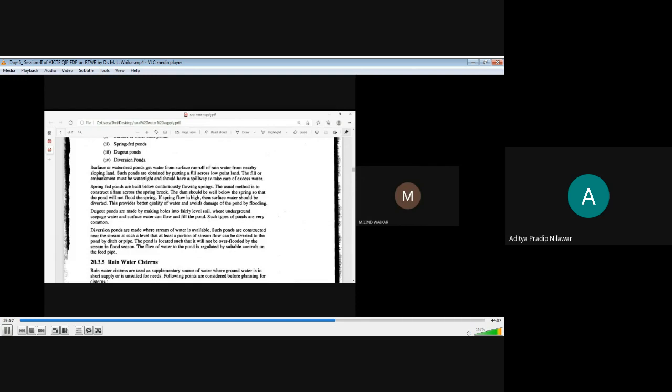Now, spring-fed ponds are built below continuously flowing springs. The usual method is to construct a dam across the spring route. The dam should be well below the spring so that the pond will not flood from the spring. If the spring flow is high, then surface water should be diverted. This provides better quality of water and avoids damage to the pond by flood.